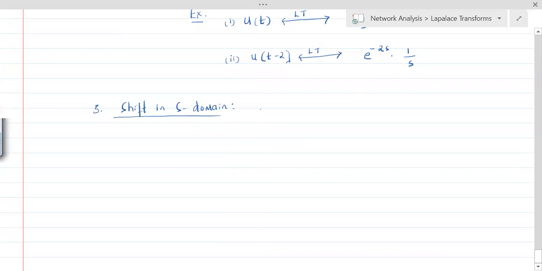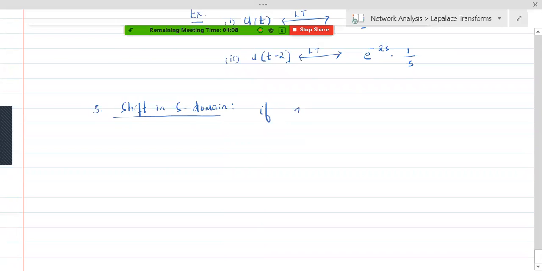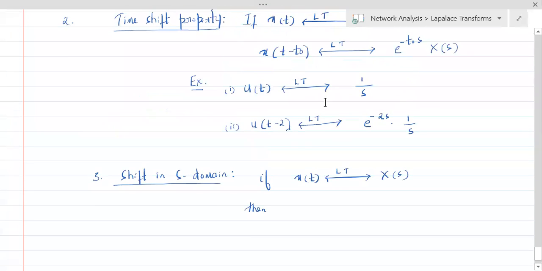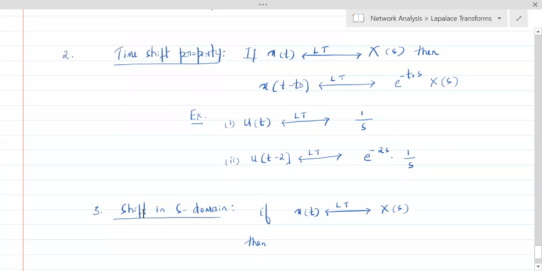So if the Laplace transform of x of t is X of s, then we saw time shift here. Now it is talking about shift in S domain.